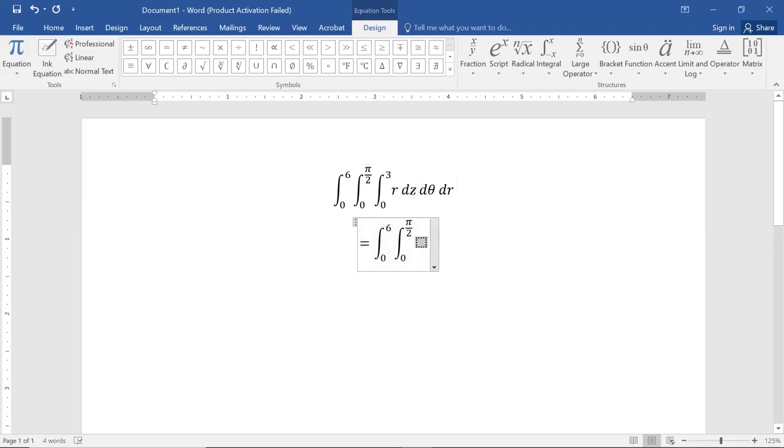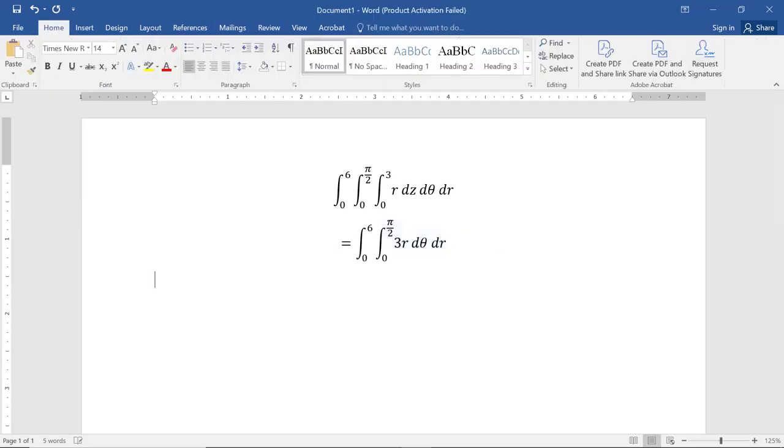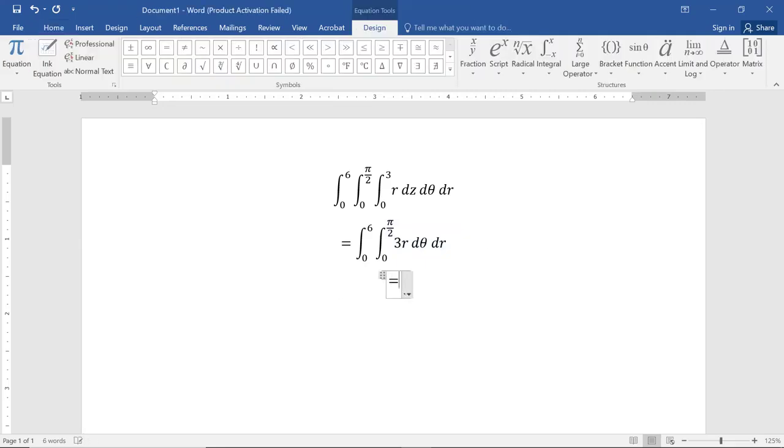So we get 3r d theta dr. When we integrate with respect to theta, again, r is a constant, so is 3. So integrating from 0 to pi over 2 of 3r is going to give me 3 pi over 2 times r.